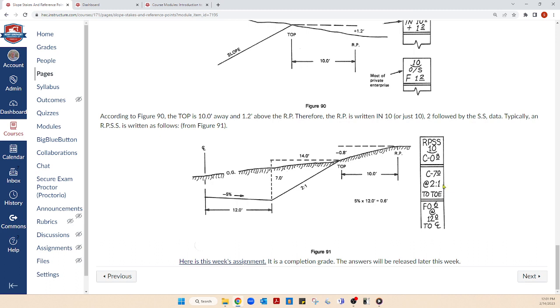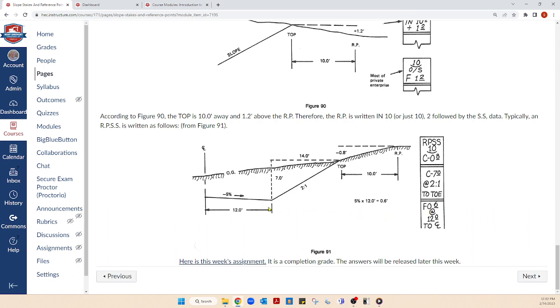It does it by starting at the reference point stake, going out 10 feet, and going down 8/10, and then cutting 7 feet at 2 to 1, which puts us 7 down and 14 over to the toe of the slope.